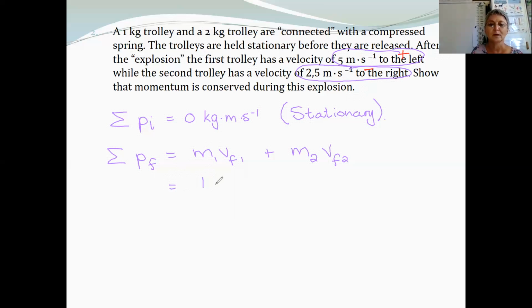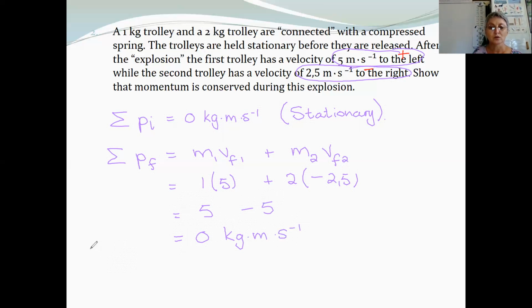Mass of 1 is 1. The final velocity of 1 is 5. Plus the mass of 2 is 2, and its final velocity is negative 2.5. This brings us to 5 minus 5, which gives us 0 kilograms meters per second.